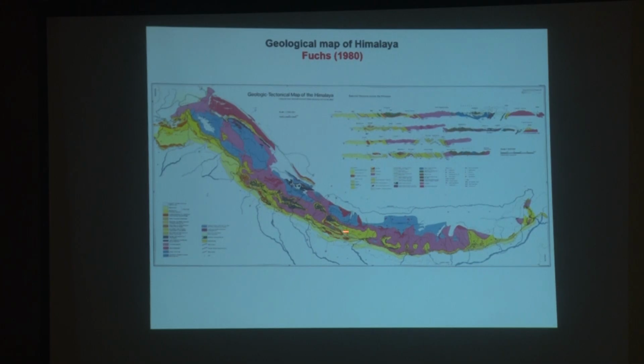These units he first worked out in India, in the Krol Belt, in the Simla area, and then, following Medlicott and Auden, he tried to extend them throughout the Himalaya.